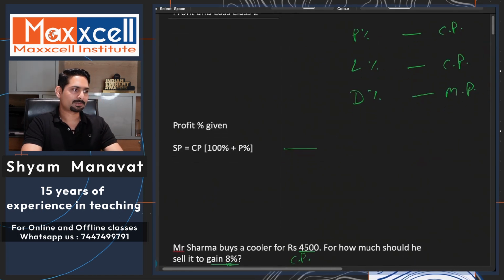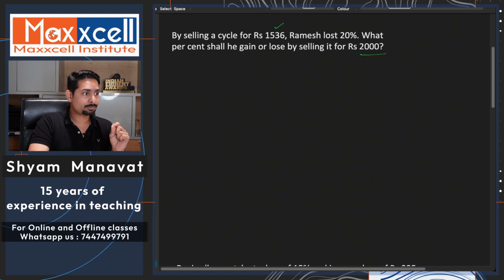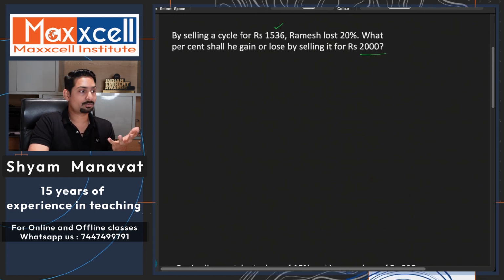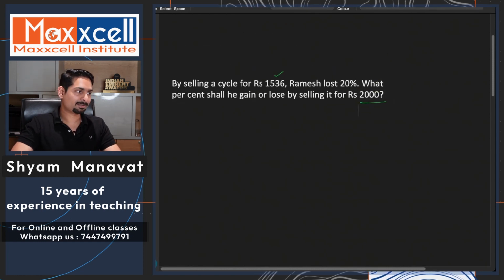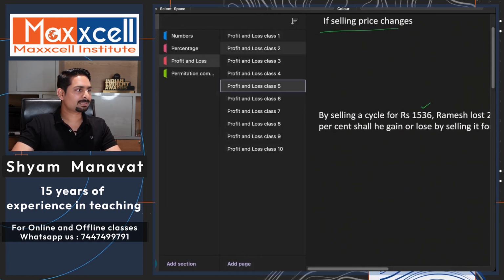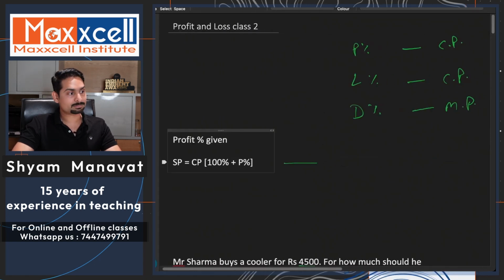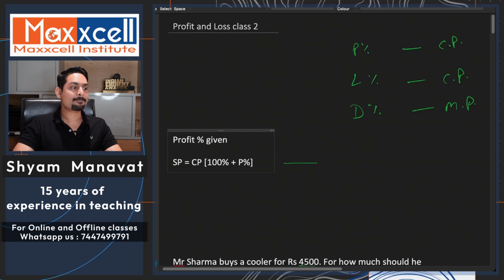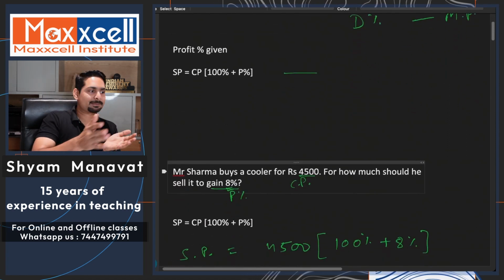See, if profit percent is given, then what to do, and if loss percent is given, then what to do? So what are the formulas? Let's revise the previous formula which we discussed in lecture number 2. If profit percent is given, then the formula is selling price is equal to cost price into 100% plus profit percent, because profit is an increase. That's why plus profit percent.